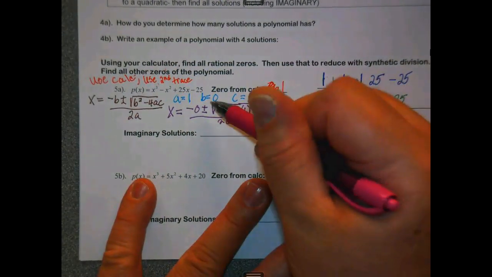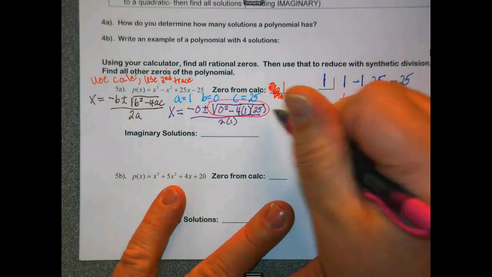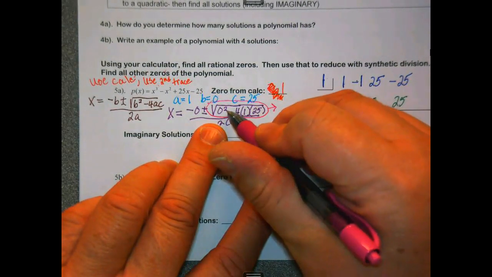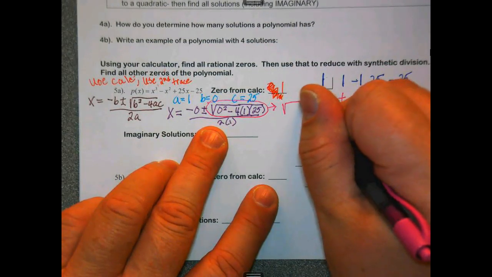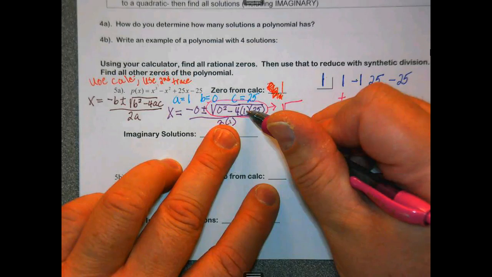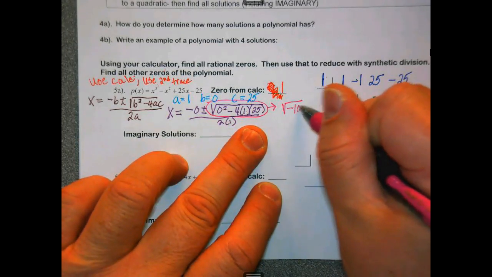And I'm going to go off to the side here, do my discriminant with the radical. I'm not even going to use the 0 because 0 squared is just 0. So I get the square root of negative 4 times 1 is negative 4, times 25 is negative 100.